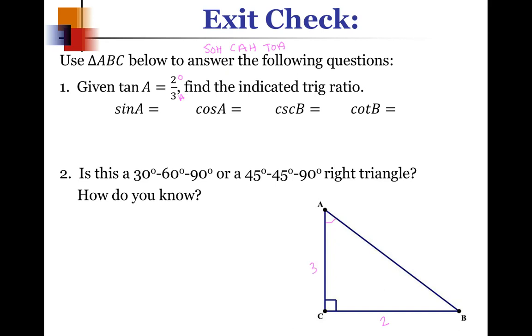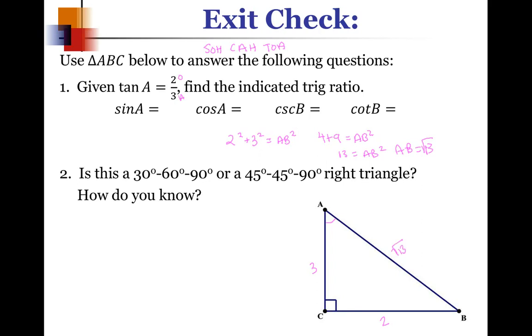So I need to figure out that third side. 2 squared plus 3 squared equals AB squared. 4 plus 9 equals AB squared. So 13 is AB squared. Therefore, AB is the square root of 13.